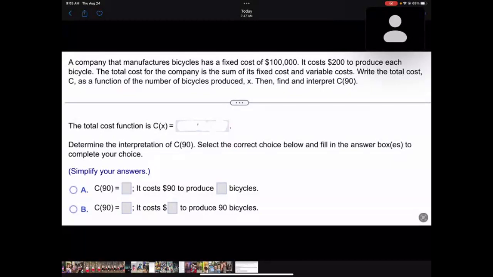They have a fixed cost of $100,000, and then it costs them $200 to produce each bicycle that they make.